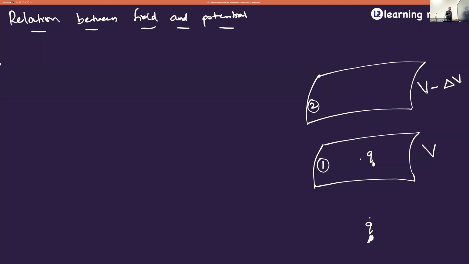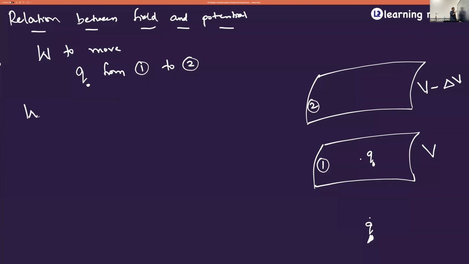So what I'm going to do in this scenario is calculate the work done to move Q naught from the first surface to the second surface. So I'm moving it in this direction. So W, the amount of work done to move Q naught from 1 to 2.